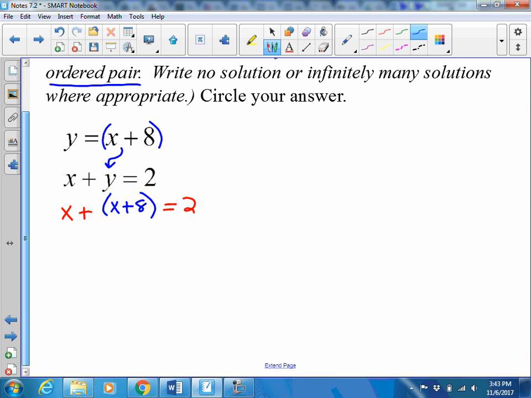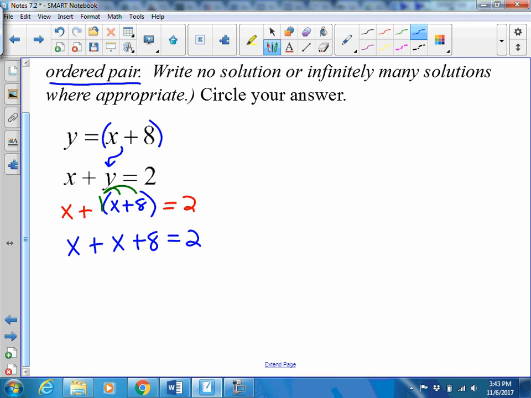Now remember, there's just an imaginary 1 out here. So if I go to distribute, I'm really not going to have any changes in my answer. So I can rewrite this without parentheses. So x plus 8 equals 2. And now I'm just going to solve like I normally do. Combine like terms. So x plus x is 2x.